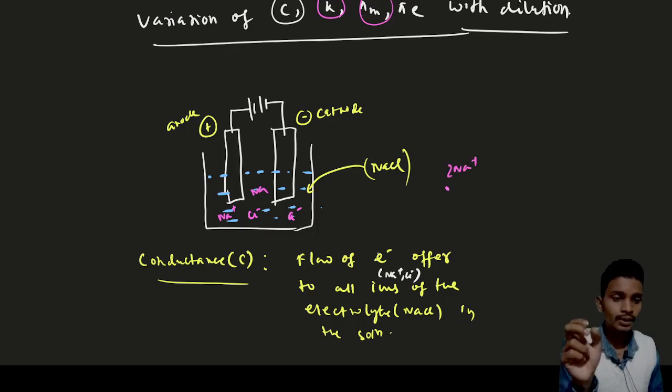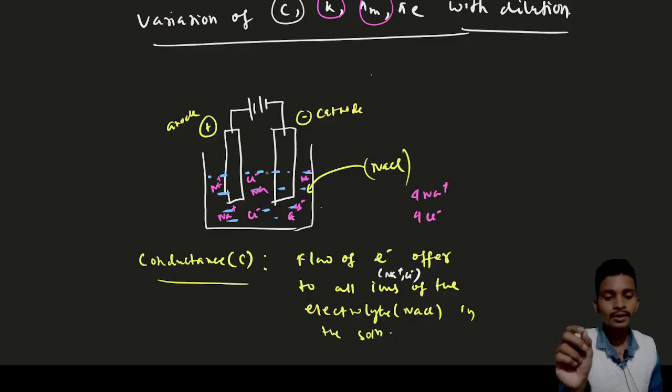Just for assumption, to clear the concept, let's say 4 Na plus and 4 Cl minus are there in this solution. So the total number of ions will be 8. This is for conductance.